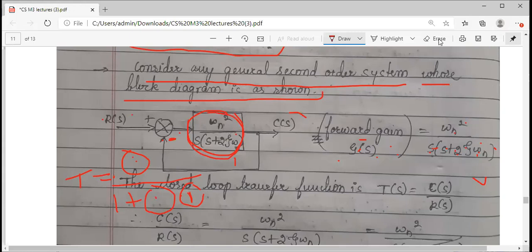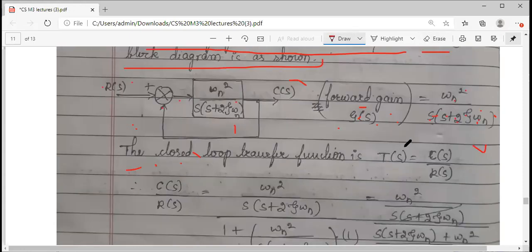So I have to start analyzing the system now. Okay, so what I will do, I will take the transfer function T of S is output by input, C by R. I want the output response, time response, that is C of S. But no doubt all this is in frequency domain, S domain mein hai.